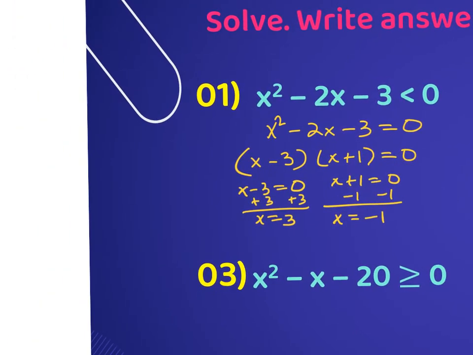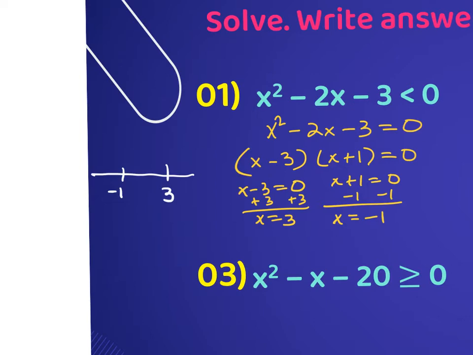So I'm going to go ahead and draw my number line. Now if you want to put all the numbers on there, you can. I'm just going to show the 2 numbers. You're going to put them on here least to greatest. So the -1 will go here and the +3 will go here.